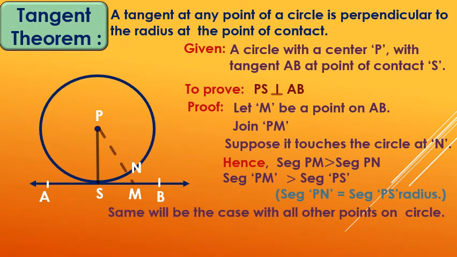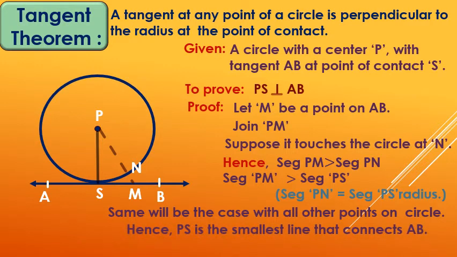Same will be the case with all other points on a circle because the line or the segment which joins the center of the circle to the point on the circle are equal because they are all radius. Correct? Hence, PS is the smallest line that connects AB.